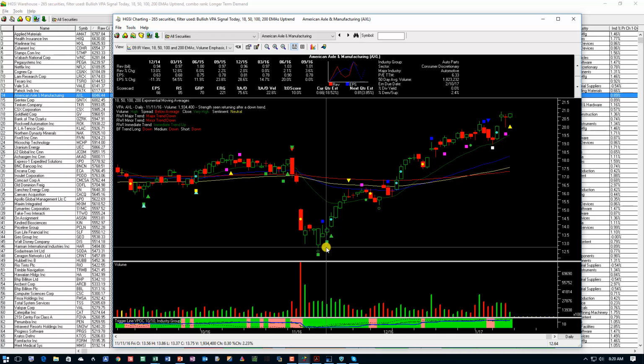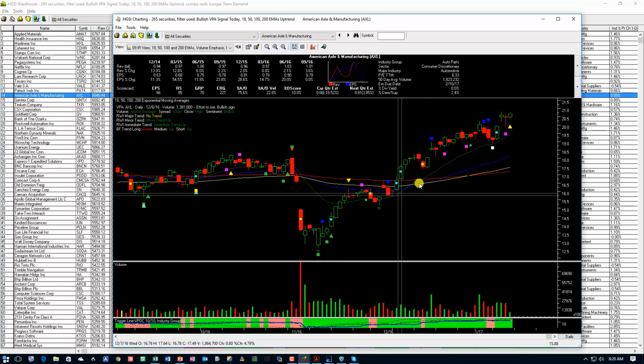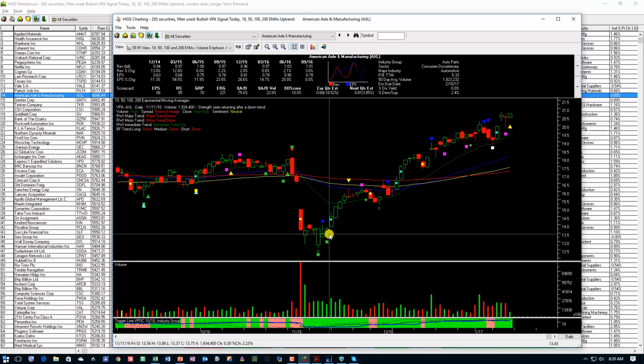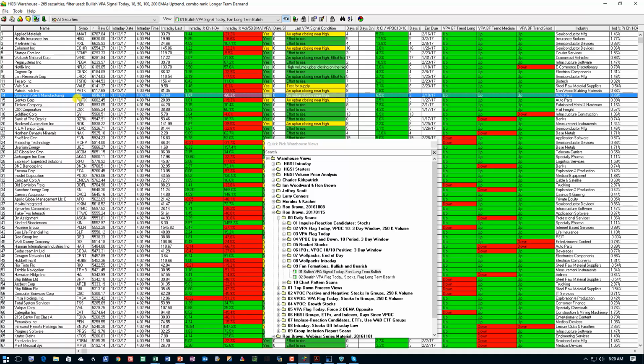Those who had the courage to buy the stock down here have had a nice run up to the $20 level from about the $13 level. And VPA flags pointed the way all the way up.